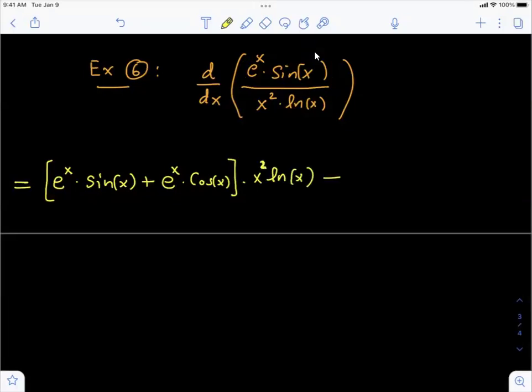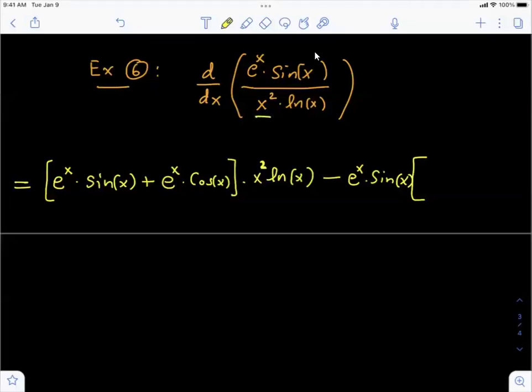And then we have minus. Then I'm going to place the original function right here, e^x sin x. And then I'm going to start brackets. Now I'm about to take the derivative of this component. That is none other than, again, the product rule. So let's use the product rule.